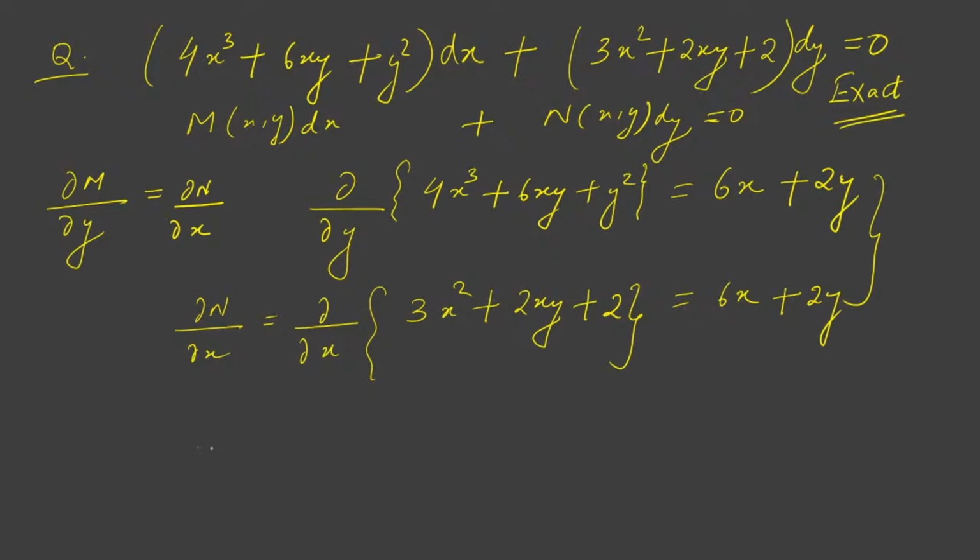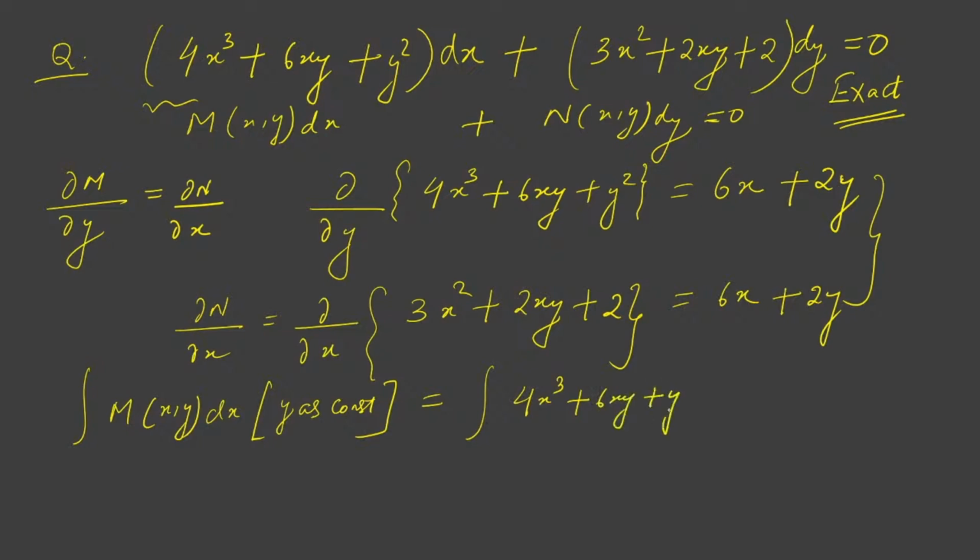So how do we find the solution? The solution will be the integral of M of xy dx, treating y as constant. First integrate M of xy dx, treating y as constant. So the integral of 4x cube plus 6xy plus y square dx. That gives 4x to the power 4 by 4, which is only x to the power 4.